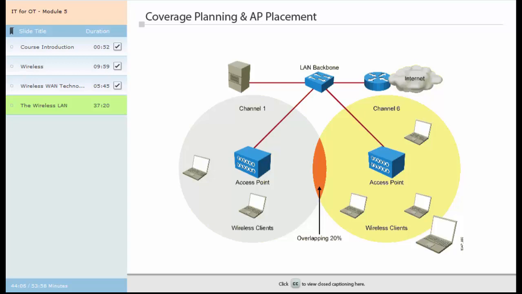Average number of stations in the cell. In addition to calculating the throughput expected for the cell, you should estimate the throughput that an individual station can expect. Operating mode. The operating mode can affect capacity because 802.11n provides higher data rates than 802.11g or 802.11a, which both provide higher data rates than 802.11b.